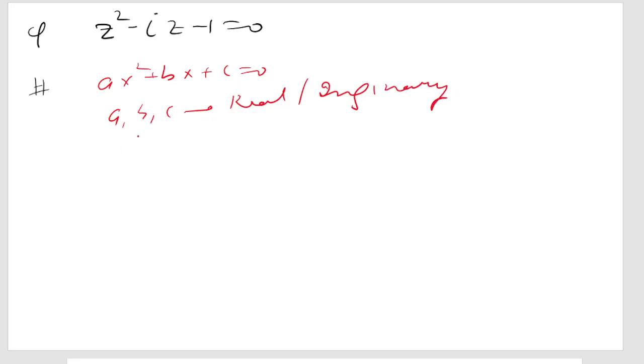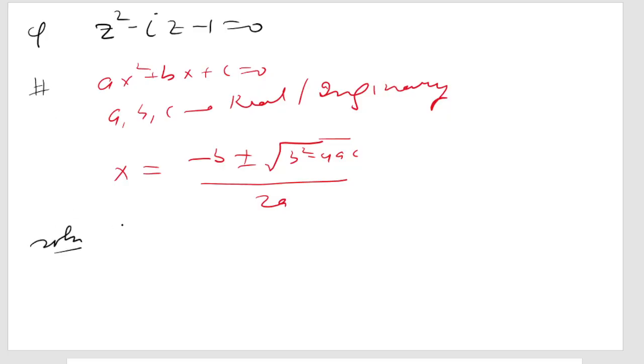For the solution, we can always apply the Sridharacharya rule or the quadratic formula, that is, minus b plus minus root of b square minus 4ac upon 2a. This is always valid whether the coefficients a, b, c are real or imaginary.